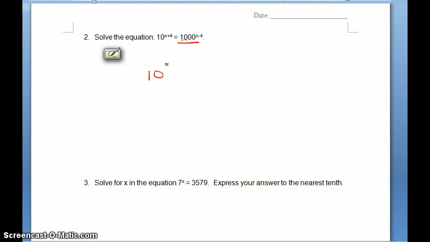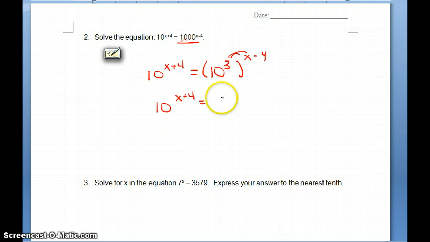So we have 10 to the x plus 4 is equal to, and 1000 there is 10 to the power of 3, and that's all to the exponent of x minus 4. From there we can distribute, using those exponent rules. So we have 10 to the x plus 4 is equal to 10 to the 3x minus 12.